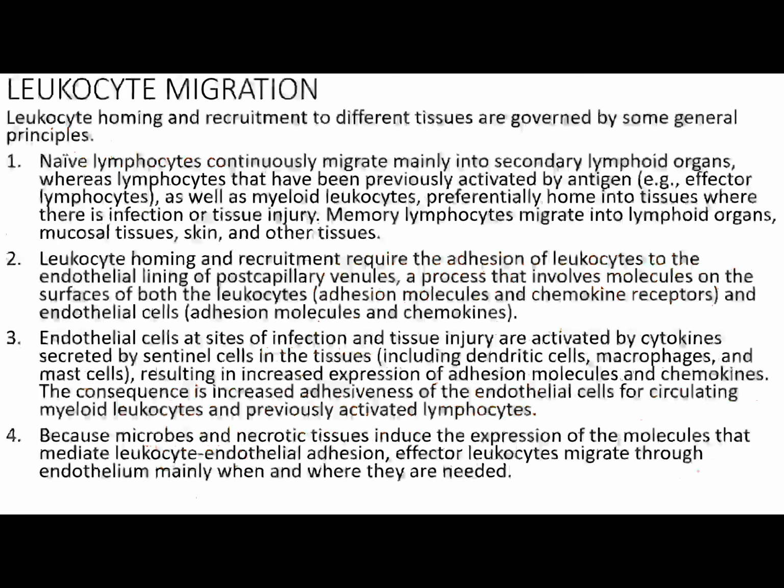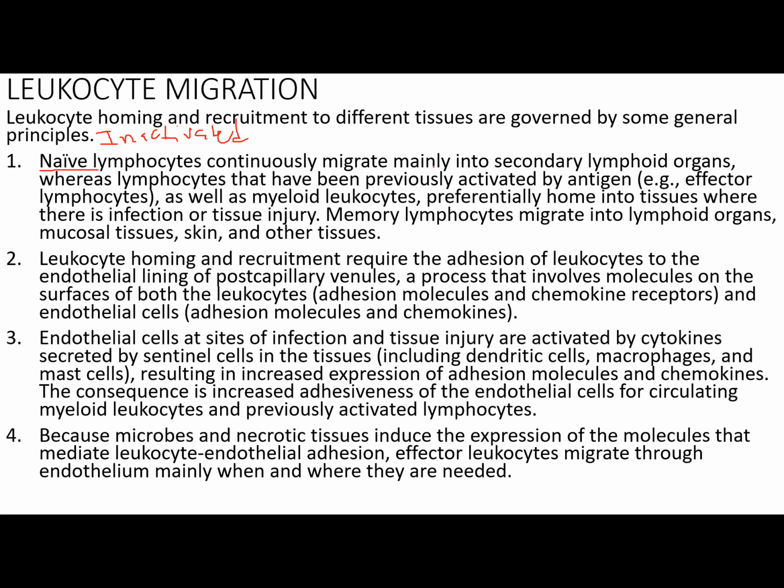All right, let's continue. Now, let's talk about your leukocyte migration class. Now, leukocyte homing and recruitment to different tissues are governed by some general principles. Number one is that naive lymphocytes. Now, when you say naive, these are inactivated lymphocytes class.